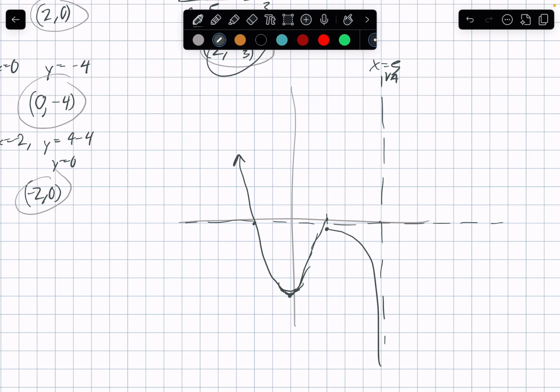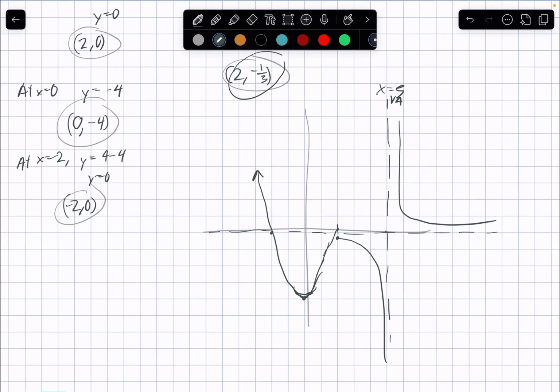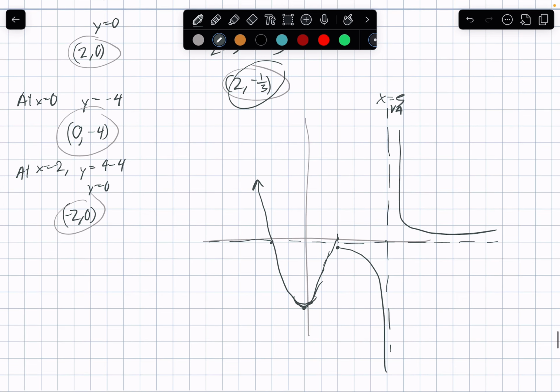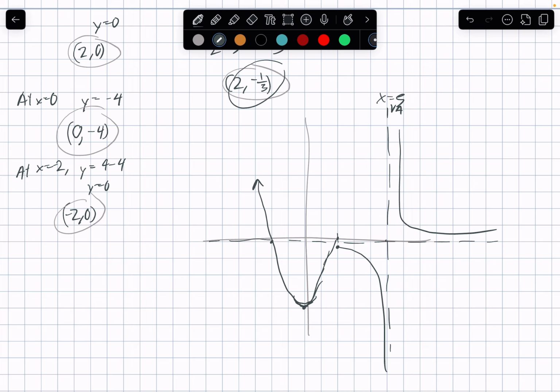There you go. So that's what it looks like. So just from that kind of detail, knowing that there is a finite jump there, there's an infinite discontinuity somewhere there, and we have a quadratic, it appears that there is a local minimum here.